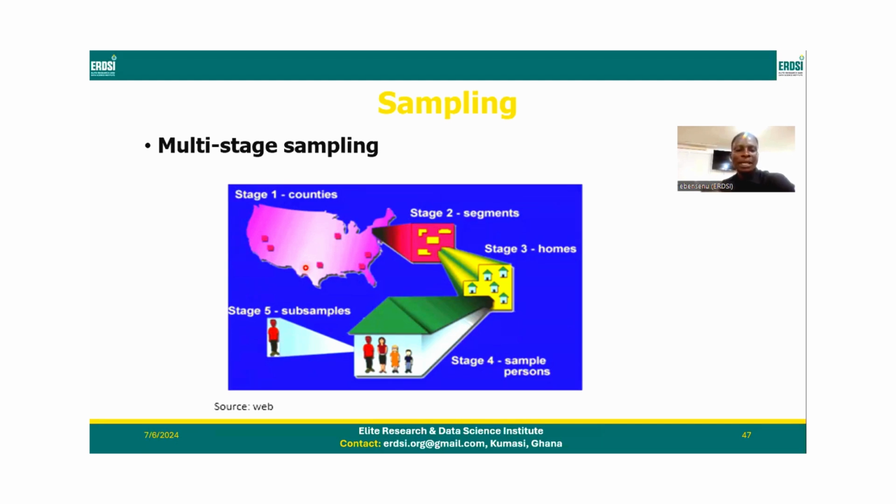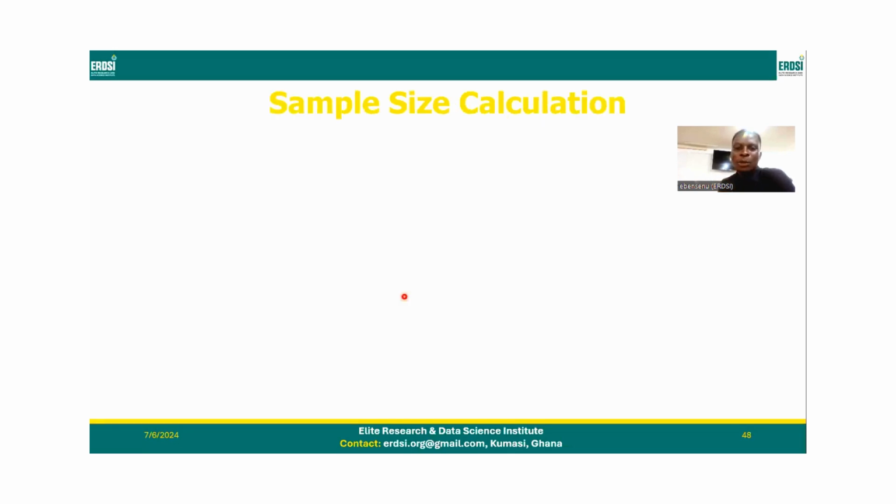So different sampling techniques apply after the first one. It's more of stage 1, stage 2, and how you are going to apply the sampling techniques. Then you'll be able to go. I also want to let you know that you cannot proceed with your sampling in research without calculating your sample size. Most of these things we will go into in more detail in our subsequent webinars. What is a sample size?